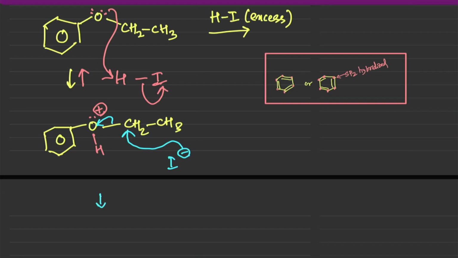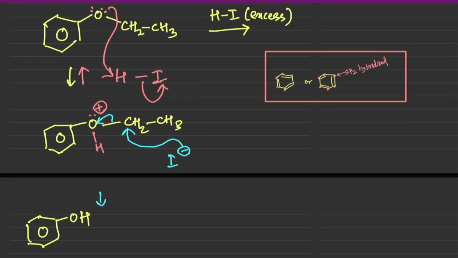The product I will be making from here is this OH on one side, and on the other side we have our CH2, CH3, and your I. This attack of I minus on the CH2 is an SN2 attack.